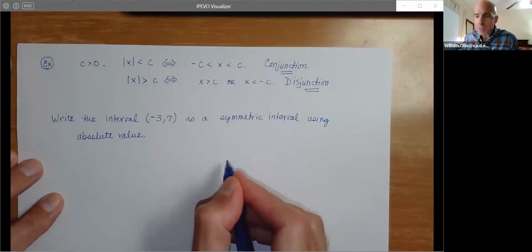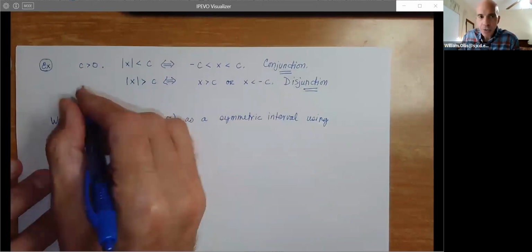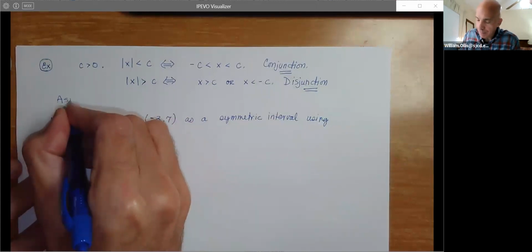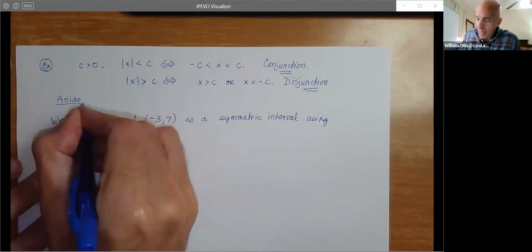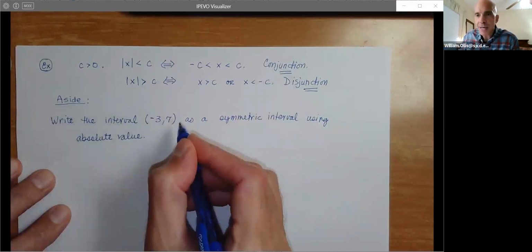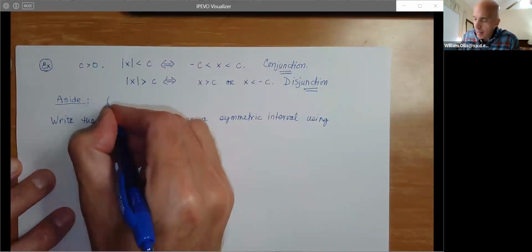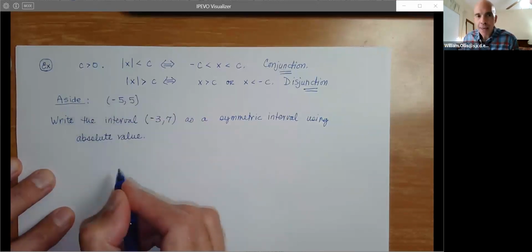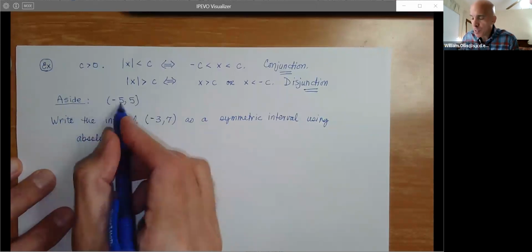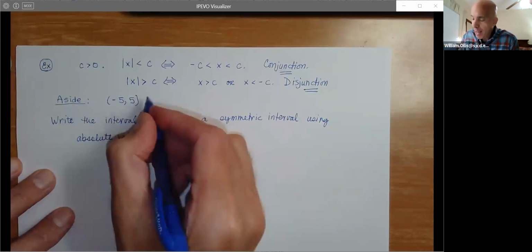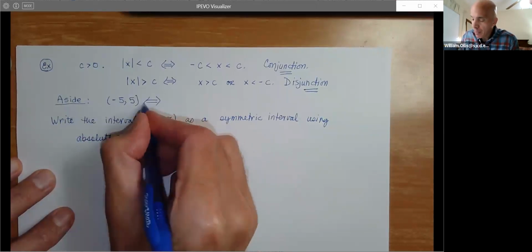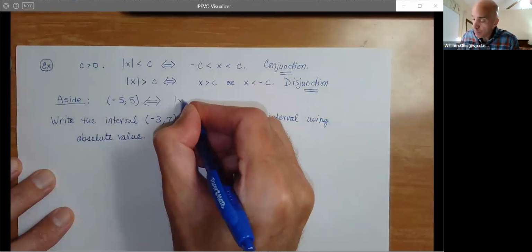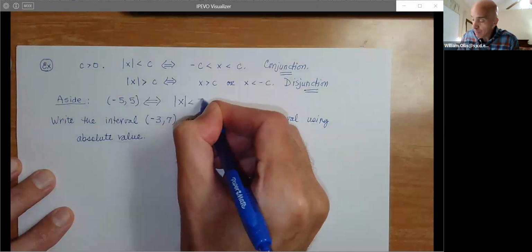Now, for instance, here's an easy one. Let me just do like, here's a little aside here. What if you had something that was clearly symmetric to 0? Say you had -5 to 5, like that. That's easy. There's the C right there. The C is 5. So you can say that is that. So to go backwards, you just say absolute value of X is less than 5.